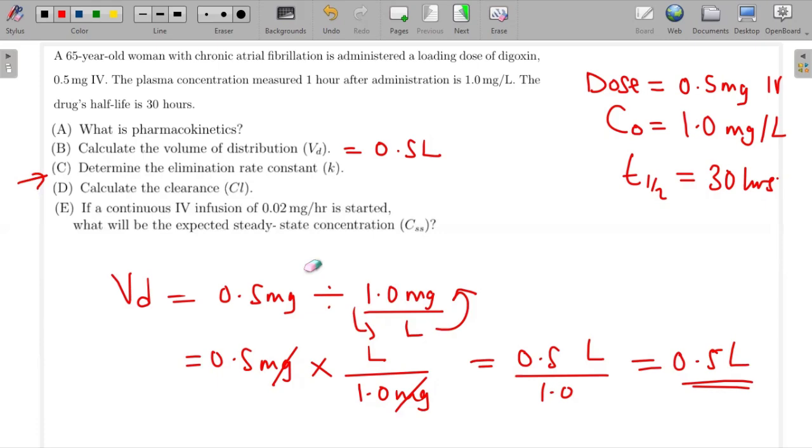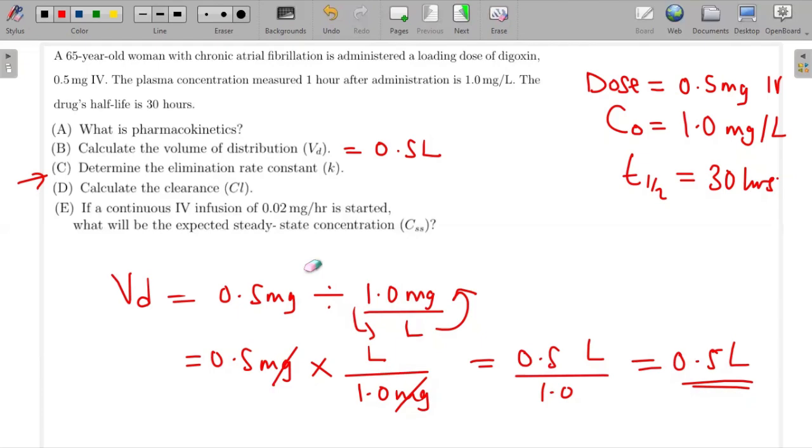Yes, on the concentration, isn't the 1.0 milligrams per liter CT because it was after 1 hour? And isn't C naught the initial, immediately, and then after a certain time that will be CT, the final concentration? Oh, yeah.